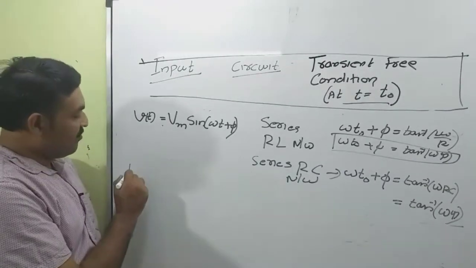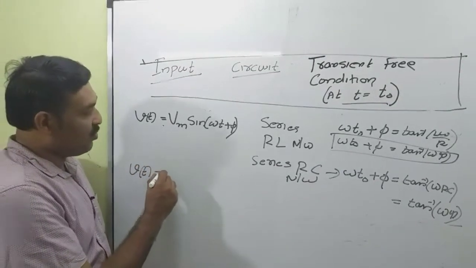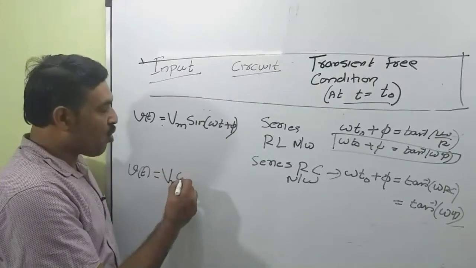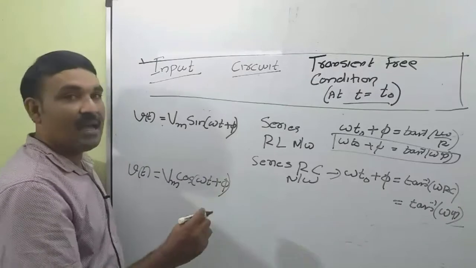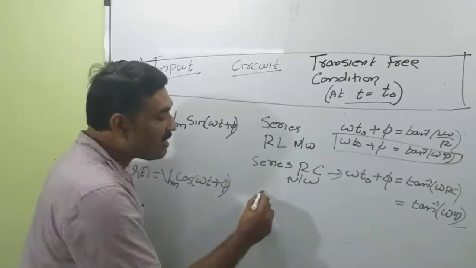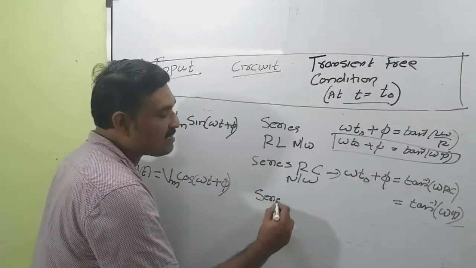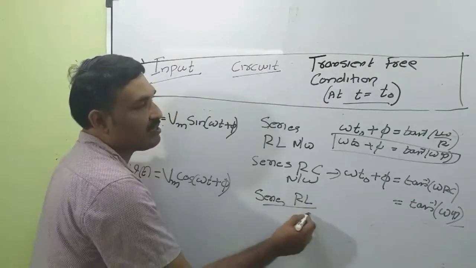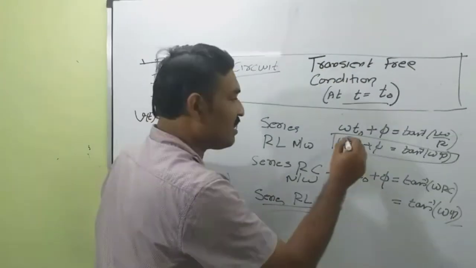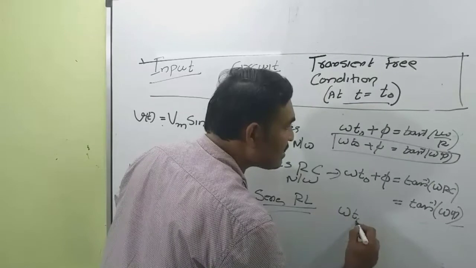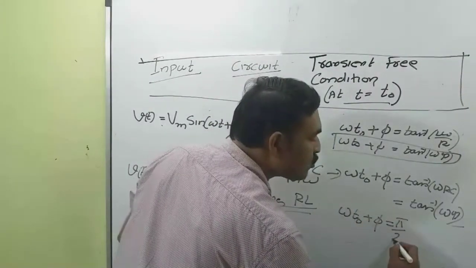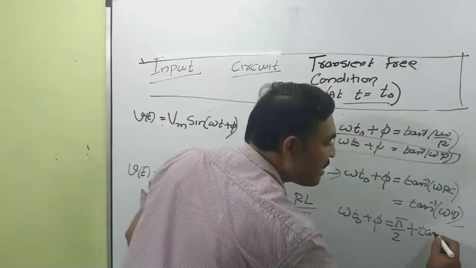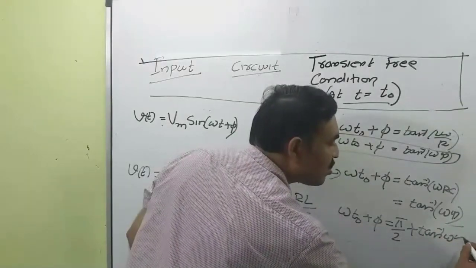So we can write V of t is equal to Vm cos omega t plus phi. For a series RL network, the condition for transient free is omega t0 plus phi is equal to pi by 2 plus tan inverse omega tau.